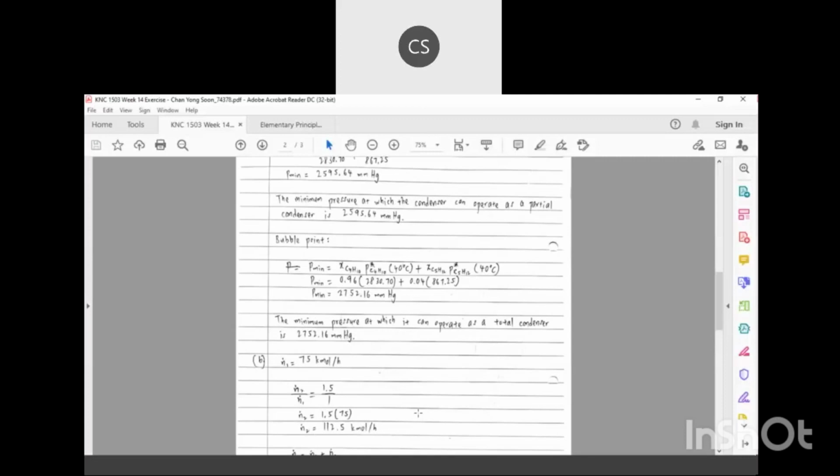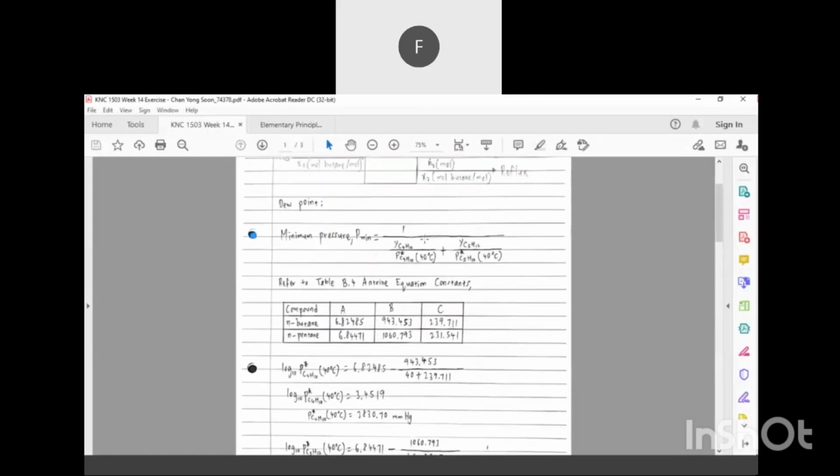I have a question. Where did you get the equation for the minimum pressure? You mean the bubble point one? No, the one above.